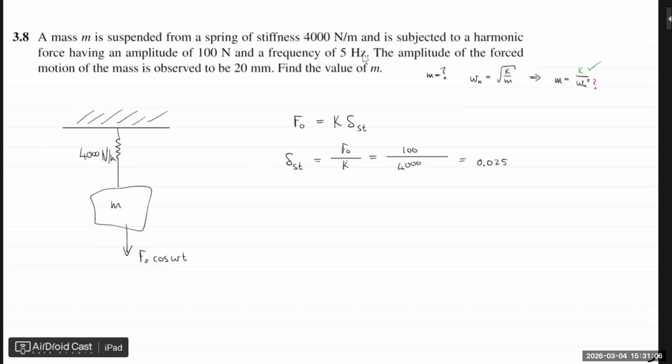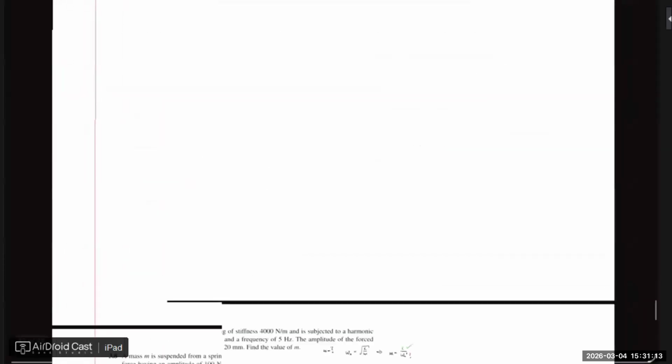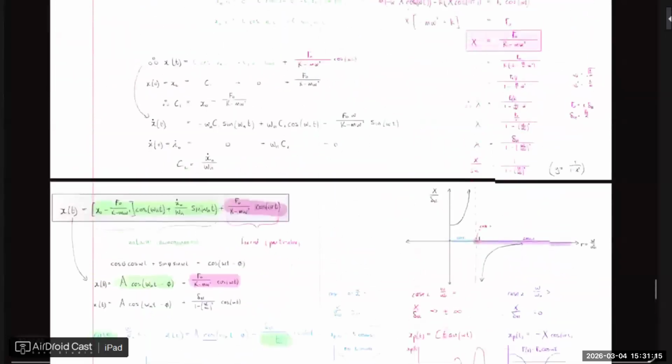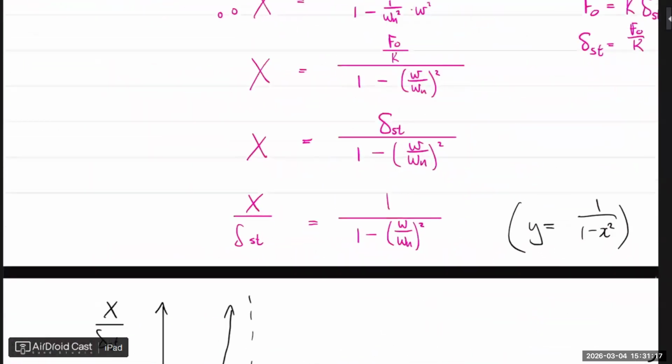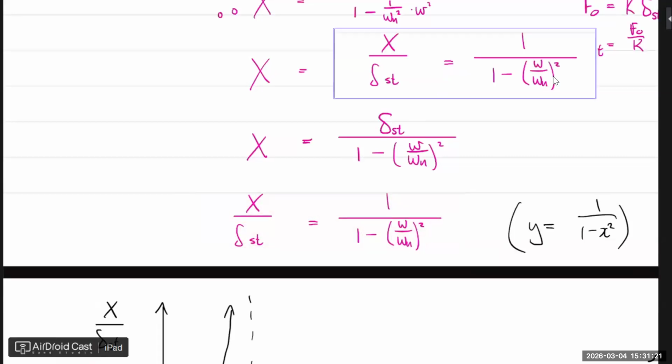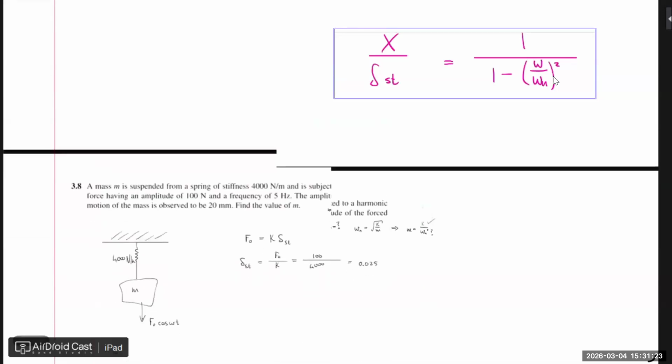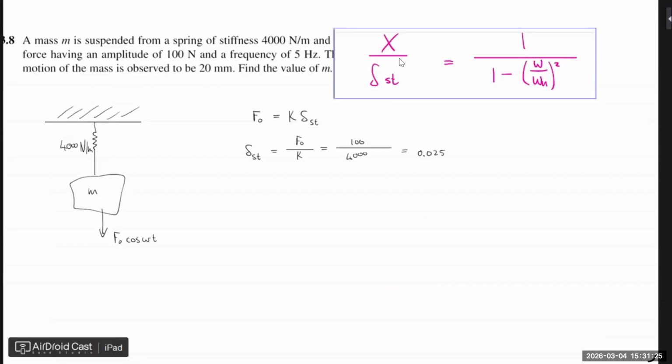The forcing frequency and the natural frequency have some sort of relationship. And that relationship we spoke about earlier was this part here, right? Because I basically have everything I need with that equation.